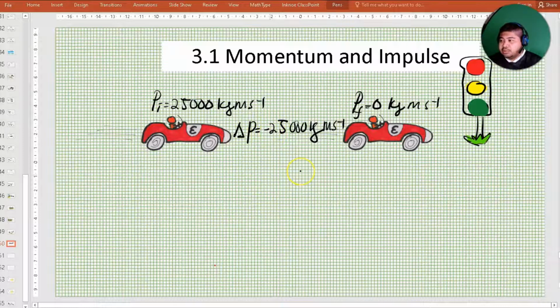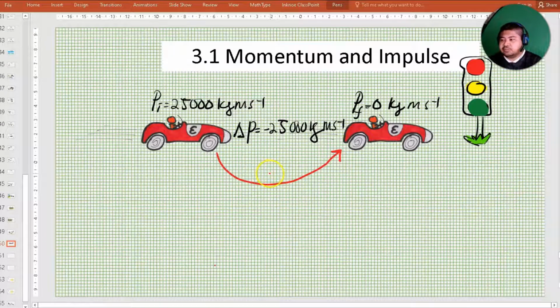Alright. Now we are going to look at two types of situation where the car comes to a stop in a very short period of time, meaning that the driver steps on the brake really hard.